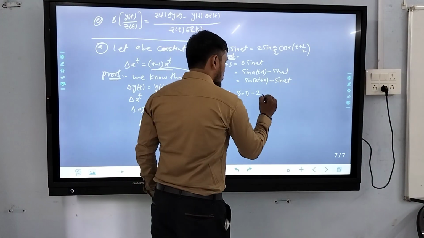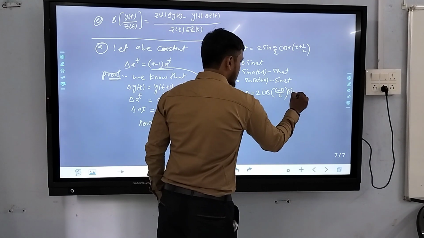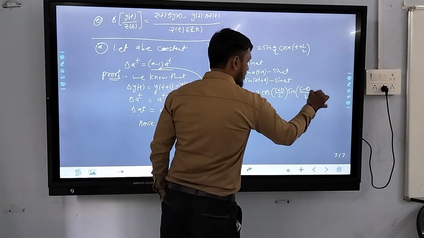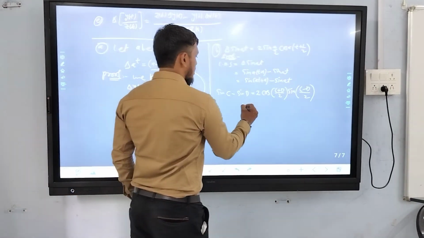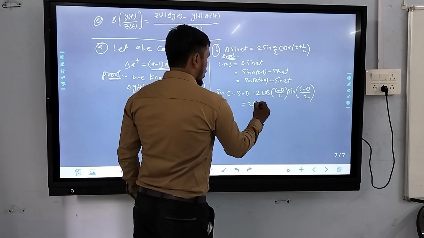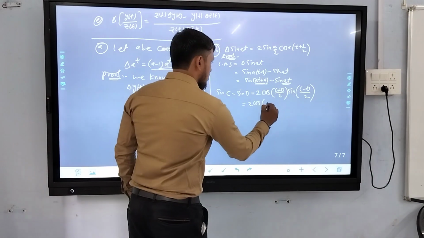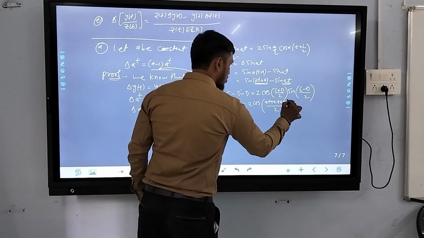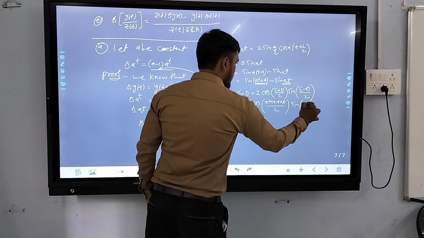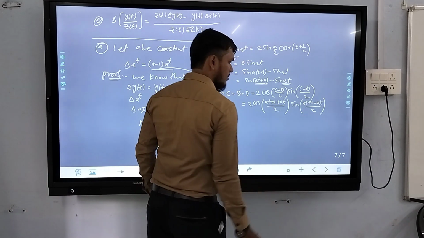It is 2 cos((c plus d) by 2) into sin((c minus d) by 2). So here we get 2 cos((at plus a plus at) by 2) and sin((at plus a minus at) by 2).